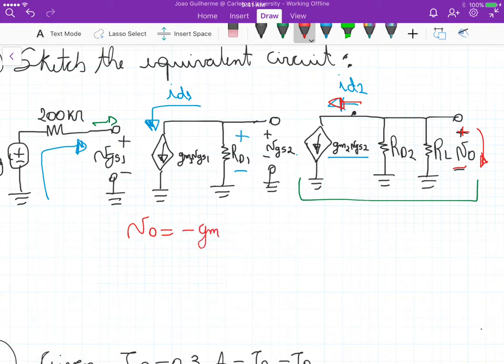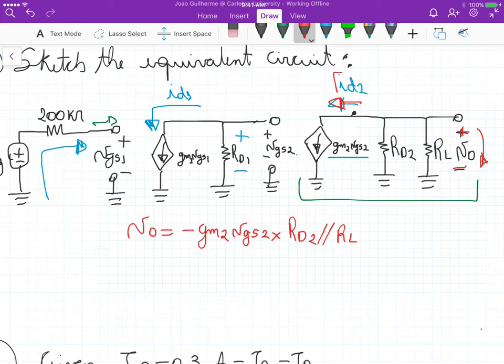GM2 VGS2, which is ID2, times the parallel between RD2 and the load resistance, right?